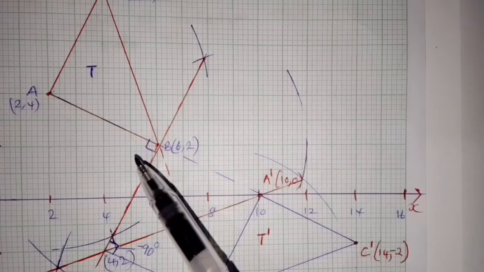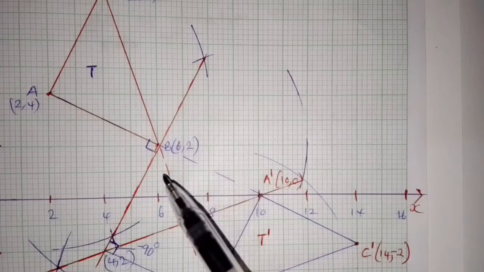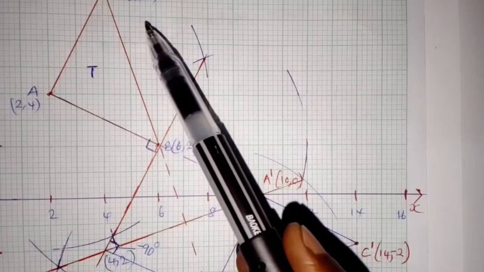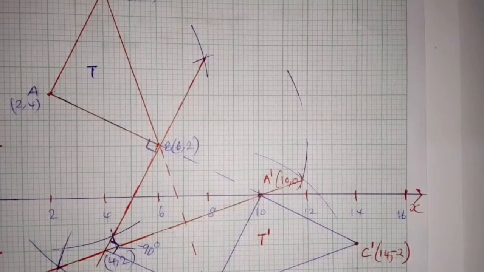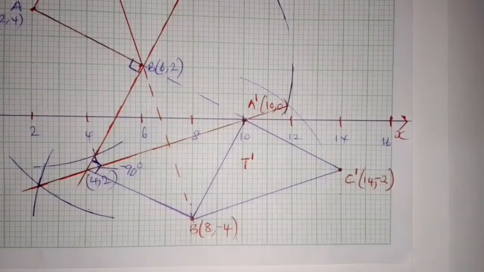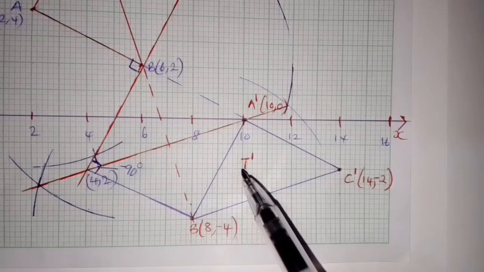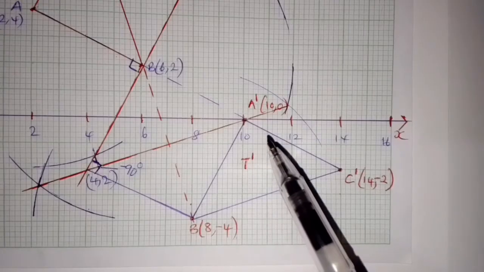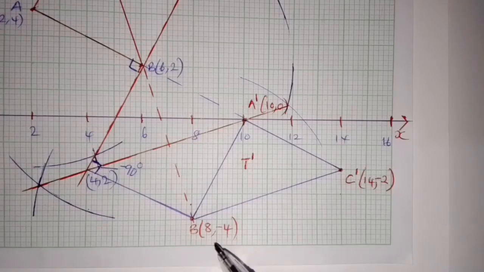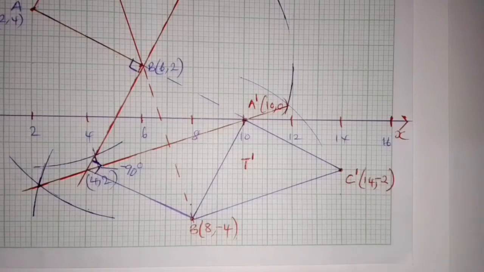The vertices of object T are A(2, 4), B(6, 2), C(4, 8), and the vertices of the image T prime are A prime (10, 0), B prime (8, -4), C prime (14, -2).